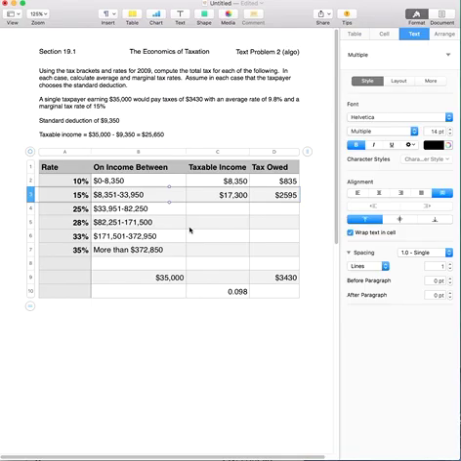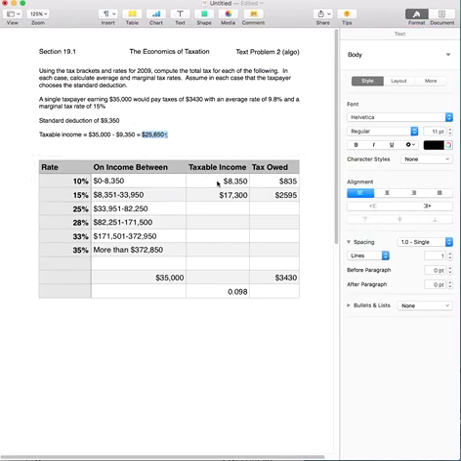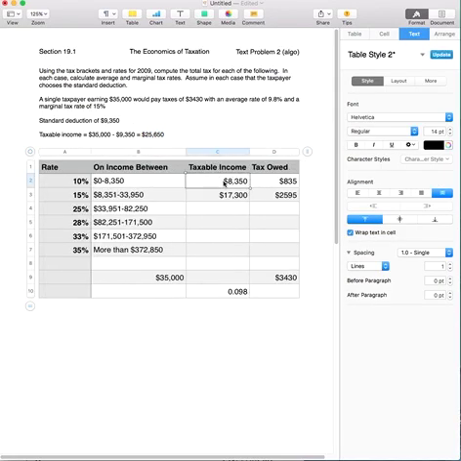This is the final tax bracket that the individual falls into. In order to calculate that, we see that our $25,650 is less than that upper bound number. So we know we're only going to have a portion of income taxed at 15%, not all the way up to $33,950. So what we do is we take our taxable income and subtract the taxable income we've already had taxed, and that leaves us with $17,300.